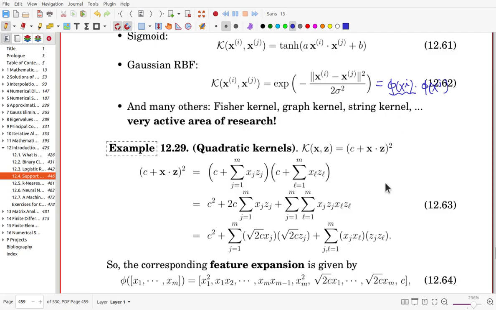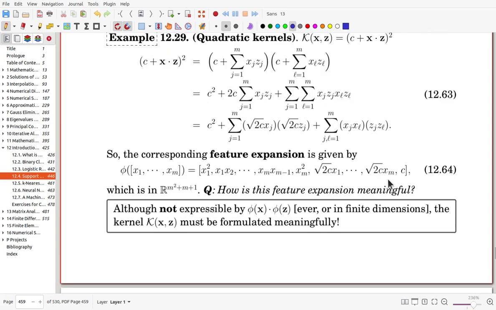But in some cases, the infinite dimensional expansion can be dealt with quite easily by using this kernel function, so a very rich expansion can be considered by using such a kernel function.